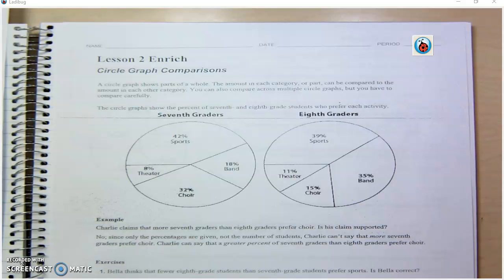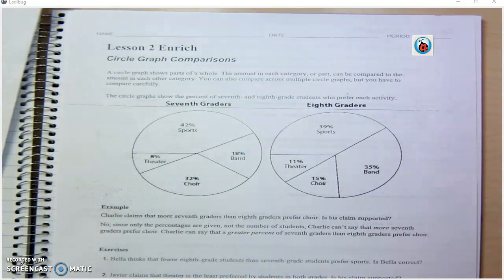So in our situation, we have 7th graders and 8th graders, and they were interviewed about a variety of activities, and you can see the breakdown of that survey. Let's take a look at our example and analysis that we're going to be doing.